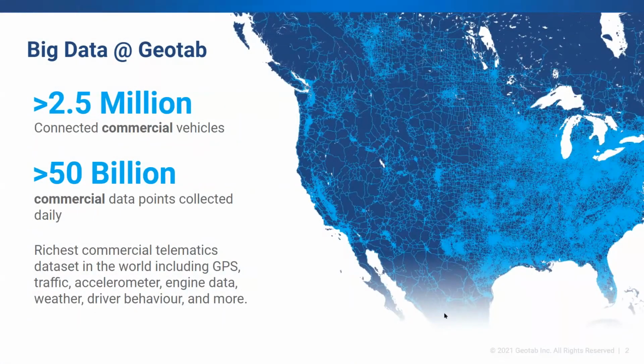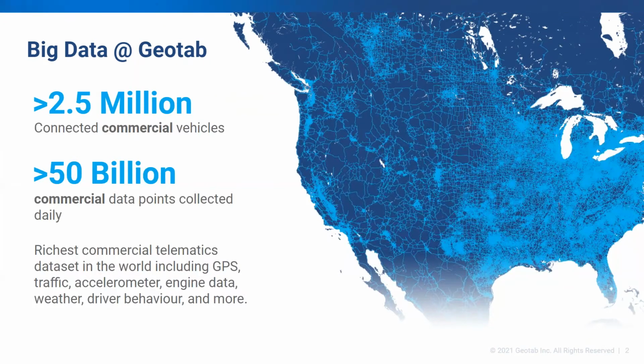So as you might already be familiar, big data in Geotab is growing. What that means is we have a growing number of connected vehicles on the road, sending us far more information every single day to the infrastructure we have to collect this data. And this data is not limited to telematics data in the sense of traditional GPS points.